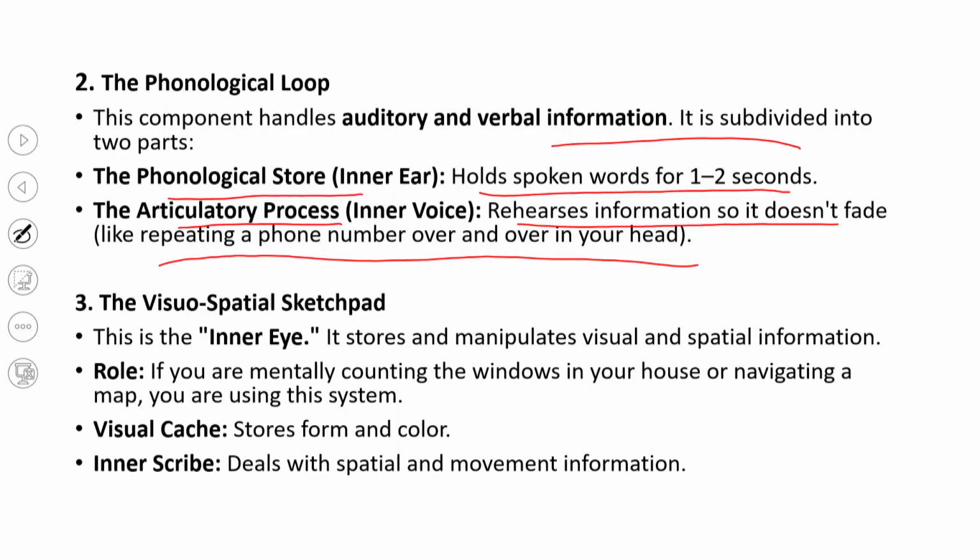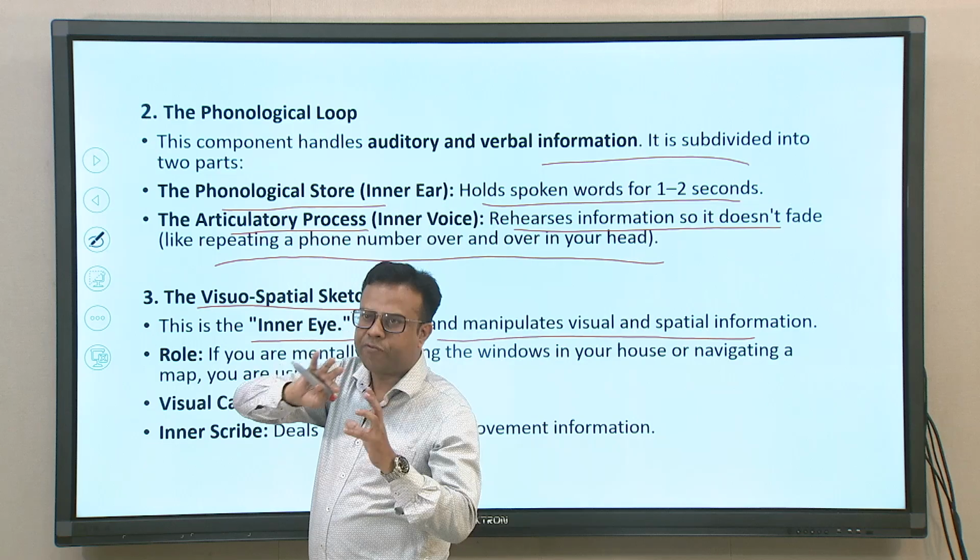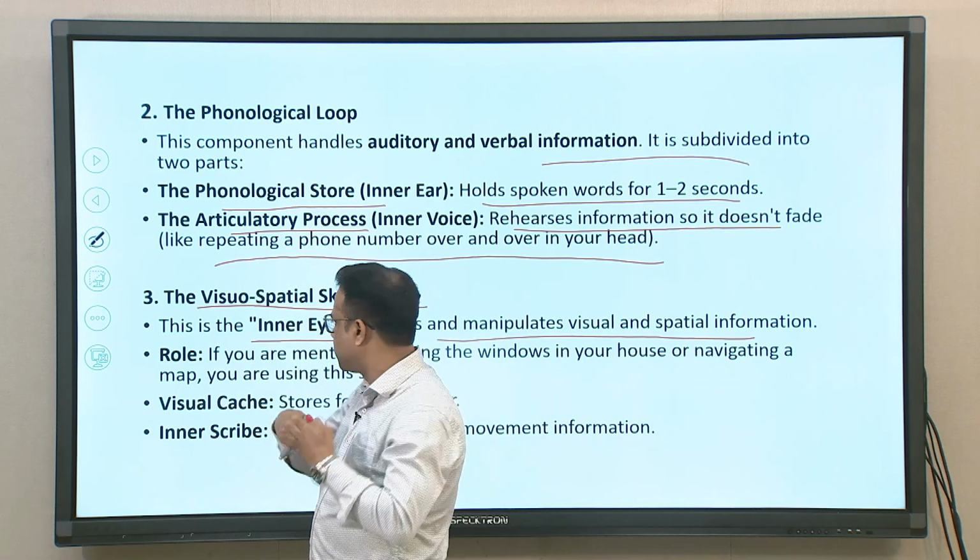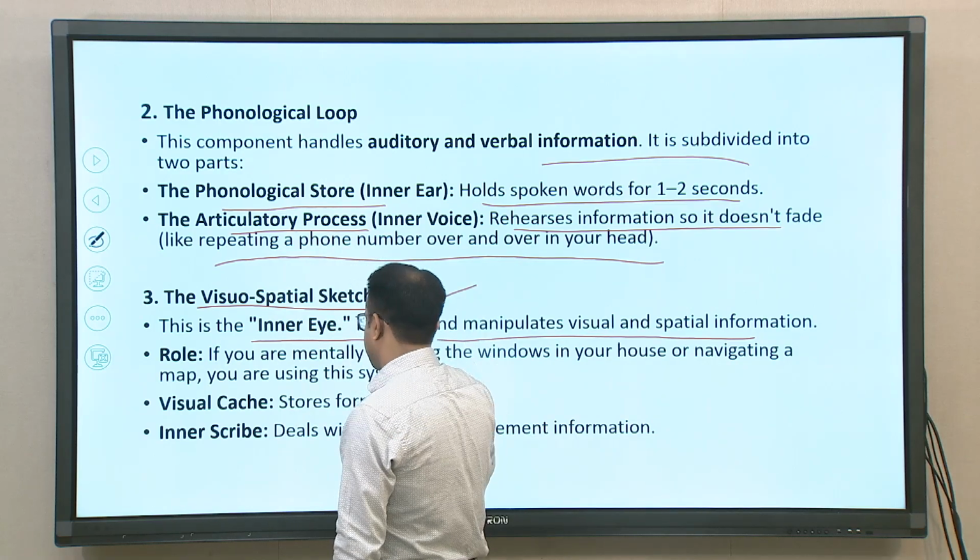Another subsystem is the visuospatial sketchpad. As the name suggests, it takes all the visual information. This is the inner eye. It stores and manipulates visual and spatial information. Whatever we see, visual information from the sensory memory, goes to the visuospatial sketchpad.